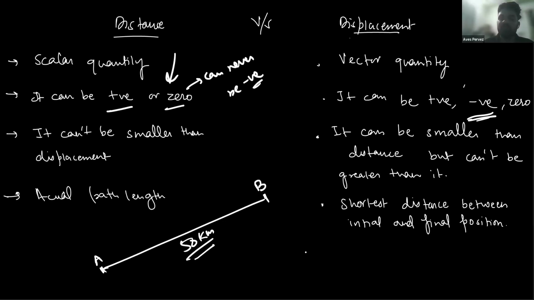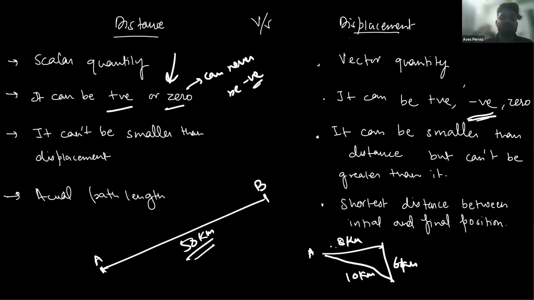But if an object is traveling 8 kilometer in this direction and then 6 kilometer in this direction, its displacement will be, not 14, but 10, by using the Pythagoras theorem.